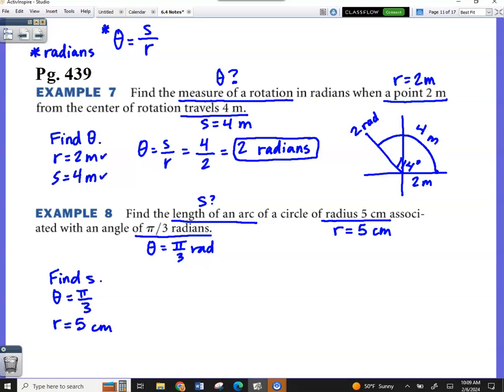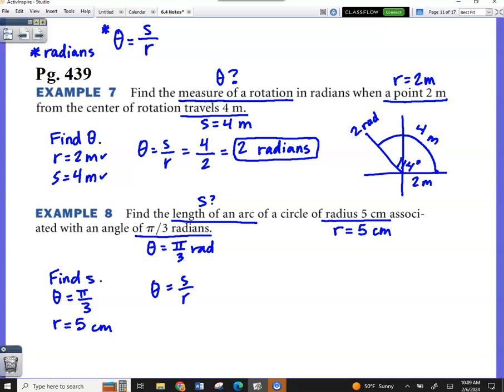So you can go the way we've been going, theta equals S over R. Nothing wrong with that. Plug it in, manipulate it. But what am I trying to find again? Yes, I'm trying to find S. So what can I do to the formula before I plug stuff in to make it easier on myself to find S?